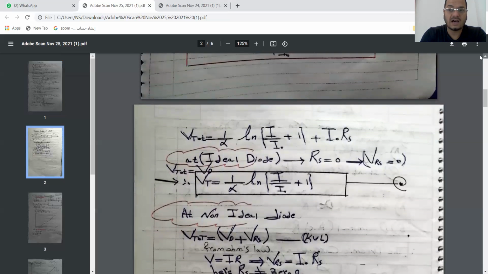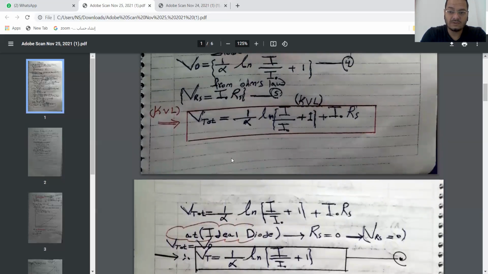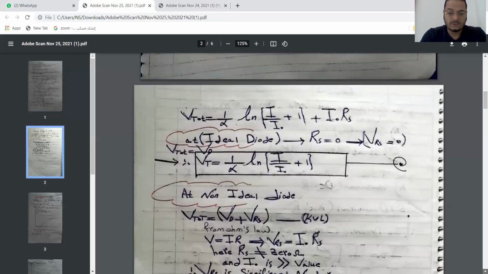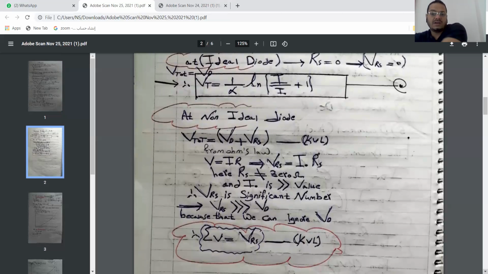Now, this V total is for non-ideal diode, but at ideal diode, VRS will equal 0, because like we know, at ideal diode series resistance equals 0. That means VT will equal just VD, 1 over the diode constant times ln of I over I naught plus 1. At non-ideal diode, V total equals VD plus VRS from Ohm's law.